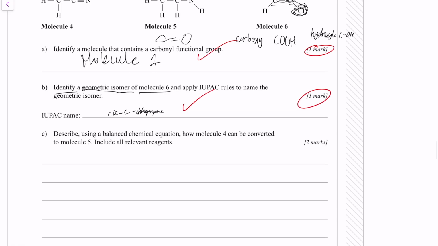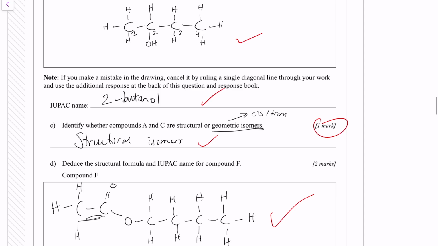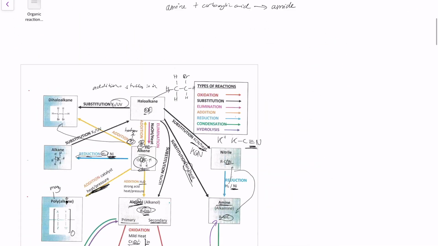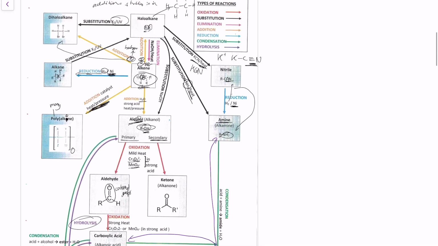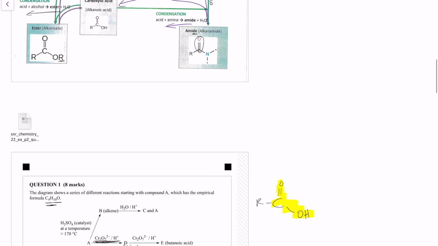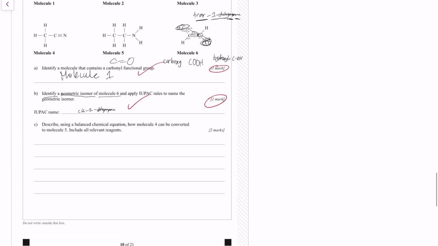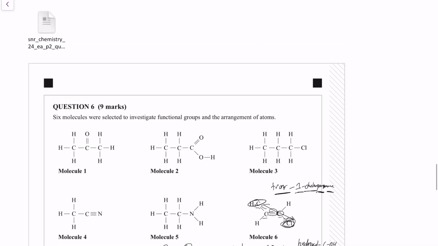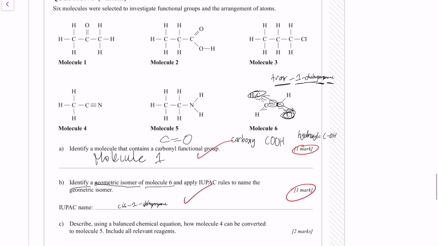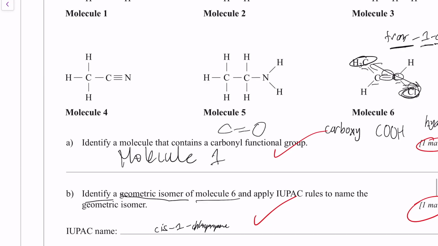Okay, now this one basically requires us to know about those reagents again that are in Daniel's QCE videos and the diagram flowchart, as well as this one, I believe. So it's asking us to describe using a balanced chemical equation how molecule 4 can be converted to molecule 5. So this is a nitrile because of the C triple bond to N, and then molecule 5 is an amine.